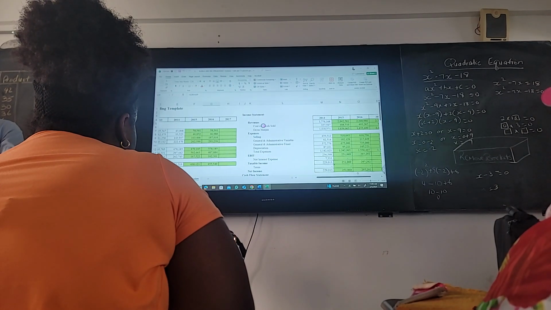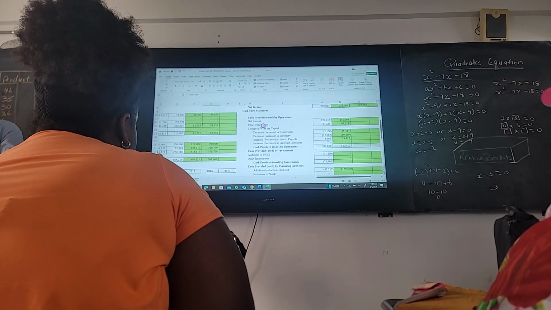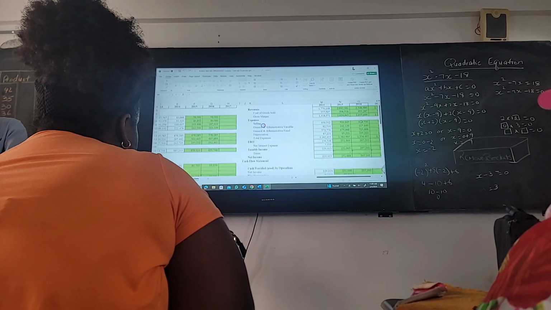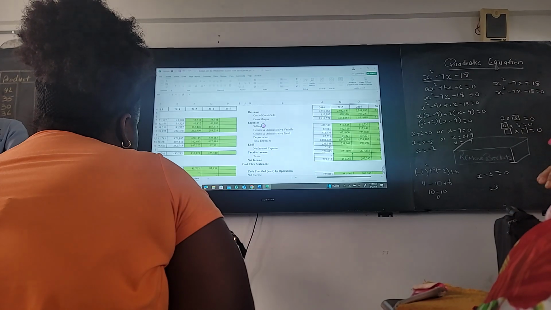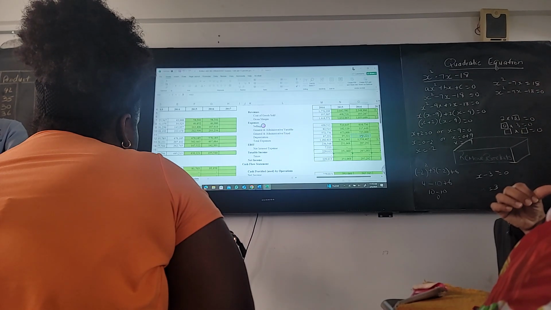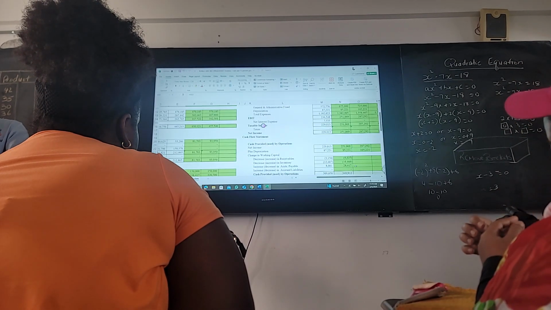Income statement should be fine. We have a new depreciation figure. This is our net income. Our depreciation figure, 105 to 21.